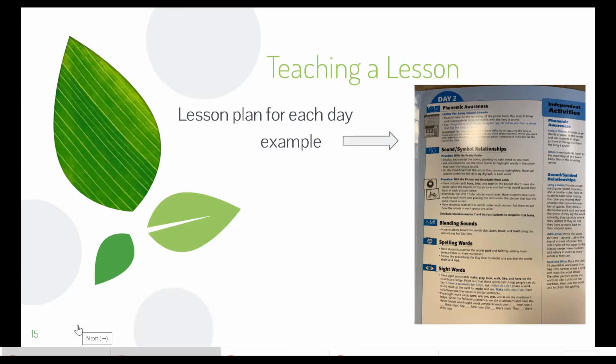Yes. And the other thing that you will see, and you should have these as well, are unit books. This is unit 15, which is what this lesson comes from.